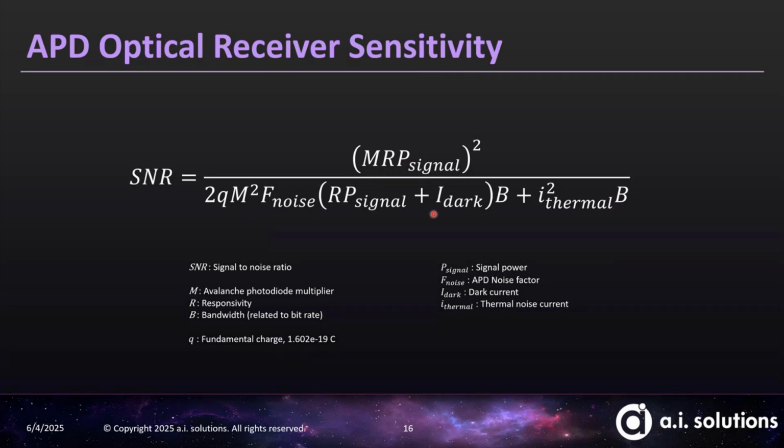One is shot noise, which is related to the input signal. Another is thermal noise, which is the noise you get for free just by assembling an electronic circuit. Both of those end up mattering in an APD receiver. This is one of the underlying physical models for the stuff I'm going to be talking about in subsequent slides.